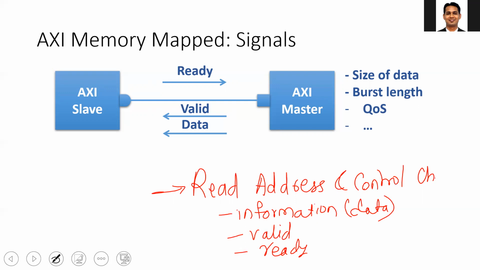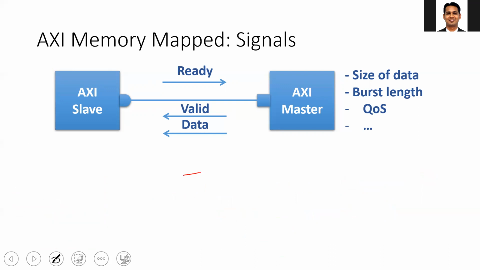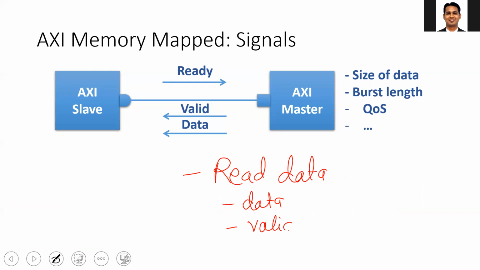But in the minimum case, every channel will have 3 signals. One is your information signal, second is your valid signal, and the third is your ready signal. For example, in case of the read data, you will have data as an information signal over which actual data is transmitted, then the valid, and then the ready signal.